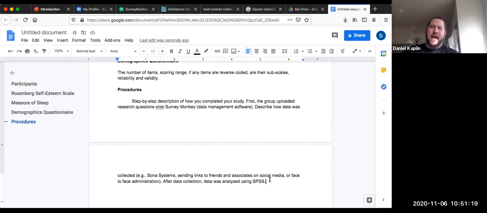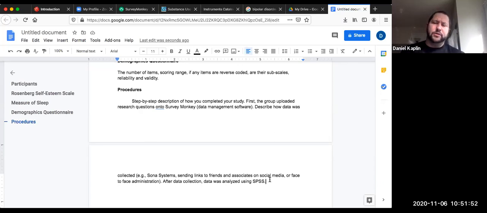But notice how it's very detailed. You talk about your data management software if possible, because maybe the interface of one data management software is different than another, and that could have changed the results, hypothetically. So you talk about that. You talk about how you collected data, because different ways to collect data might result in different responses.